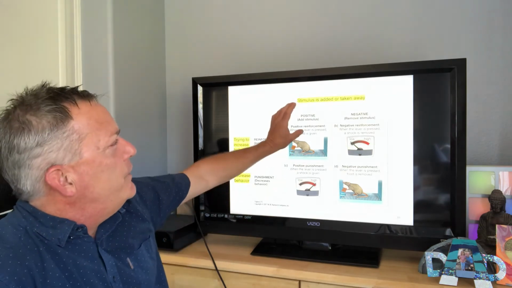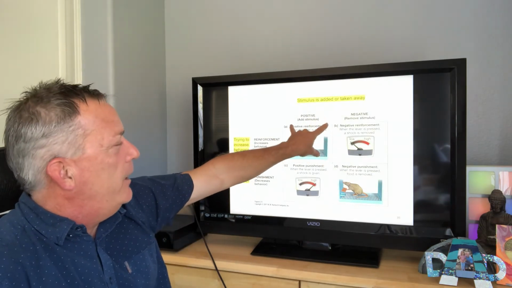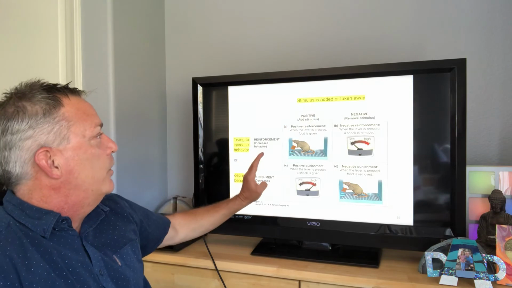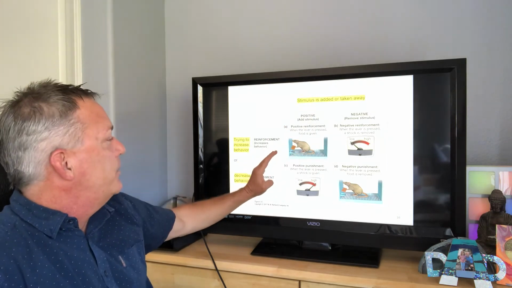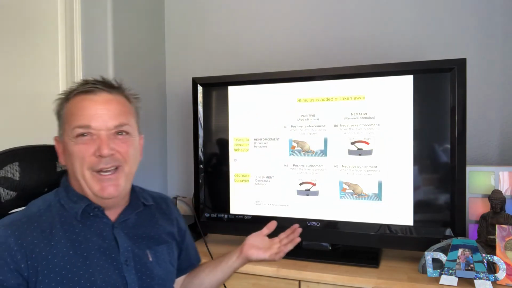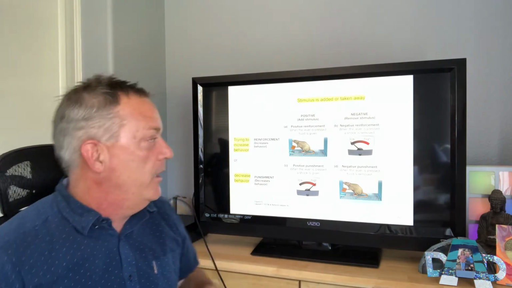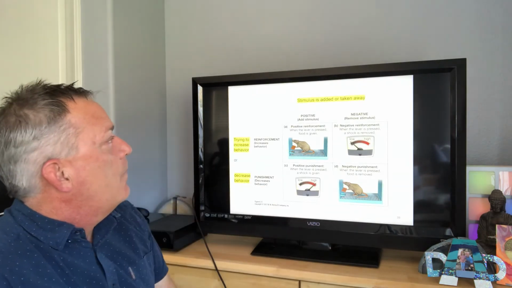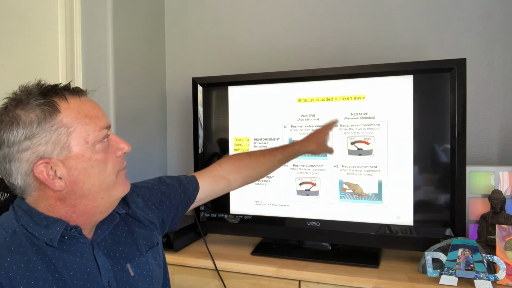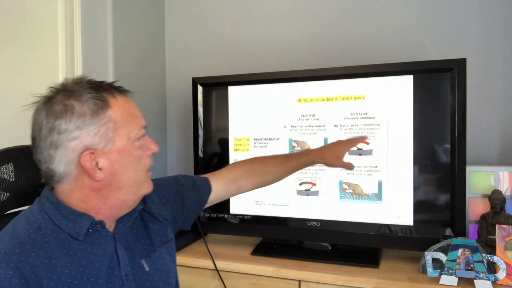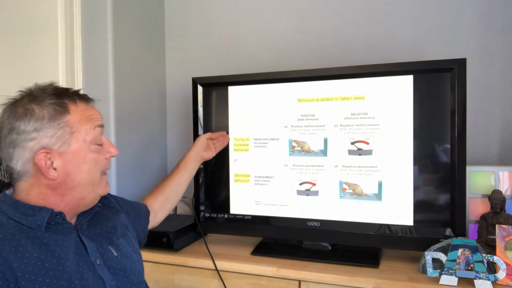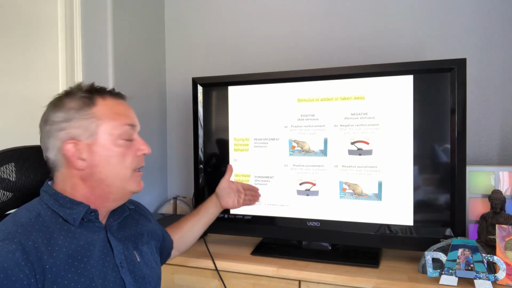So this is going to hopefully simplify things right here. When we go over positive reinforcement, negative reinforcement, positive punishment, what? Positive punishment, seems like an oxymoron, and negative punishment. All right? Positive, negative, add or take away the stimulus. Reinforcement, increase the behavior. Punishment, decrease the behavior.